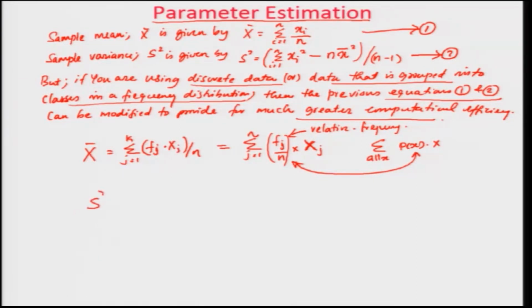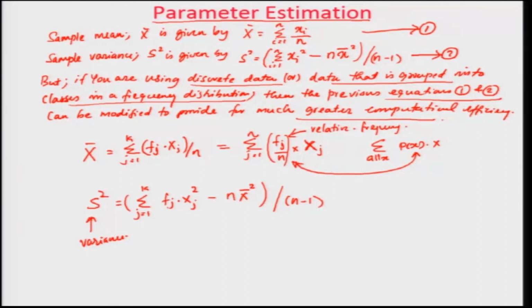Similarly, S square can be estimated as sigma j equals 1 to k of f j times x j square minus n x bar square, divided by n minus 1. Once you calculate x bar, you can calculate the variance using this equation.